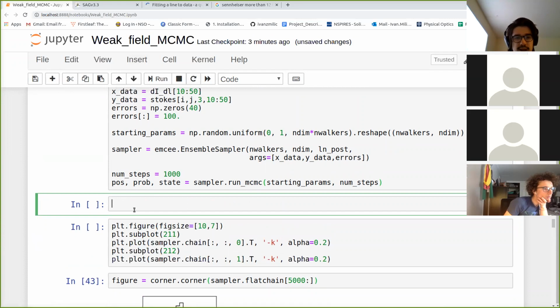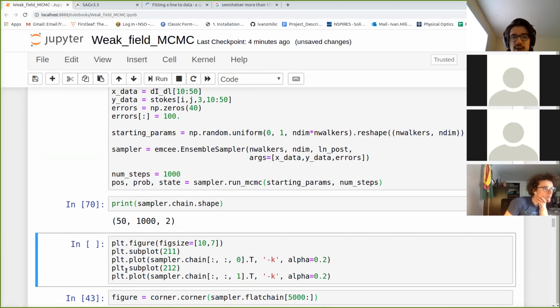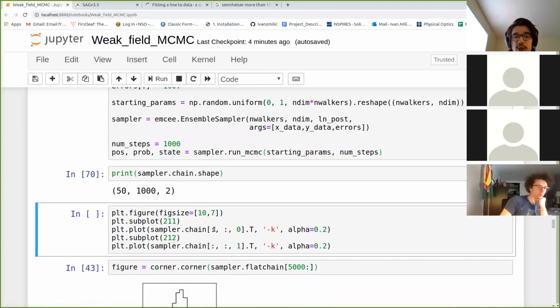So if I do something like np.shape, or I can do sampler.chain.shape, it has dimensions 50 for 50 walkers, 1,000 for 1,000 steps, 2 for 2 parameters, right? So what I'm going to plot now is the chain. I'm going to plot different chains for these 2 different parameters. So basically, this is going to show me the paths of all the walkers, right?